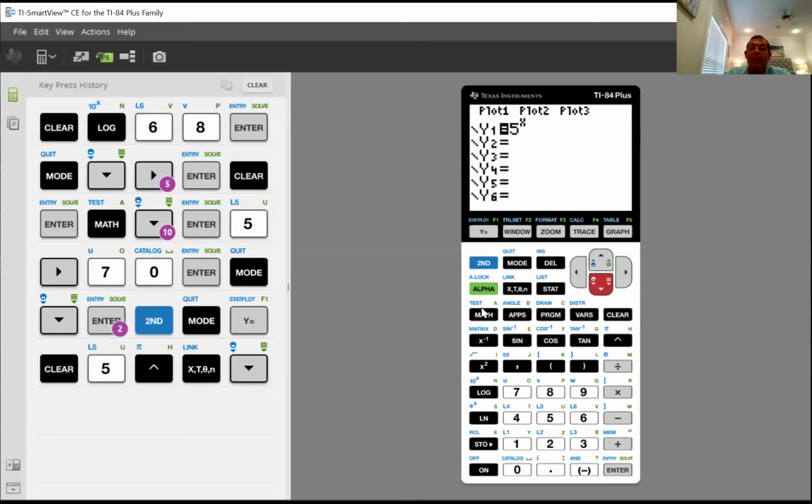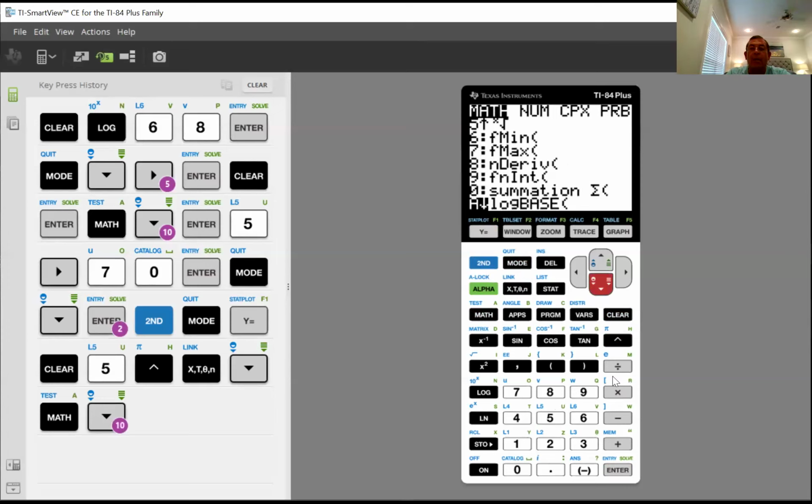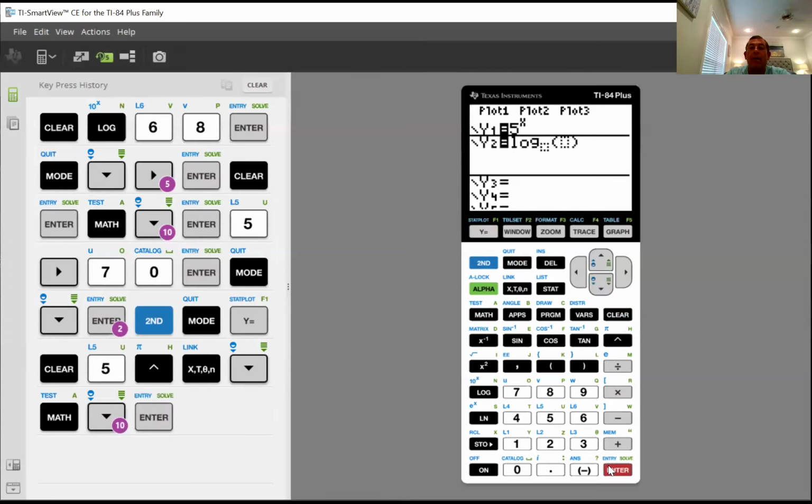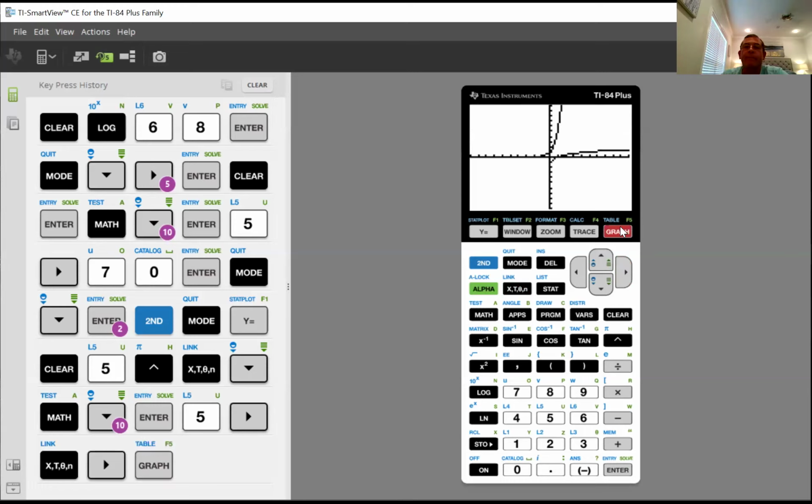So remember, I got to hit math to get that log with the base. Go down to log base. Hit enter. My base was a 5. My result was the x. So we got them both in now. So now I'm going to hit graph. So y'all, there went that first line and then that second one.